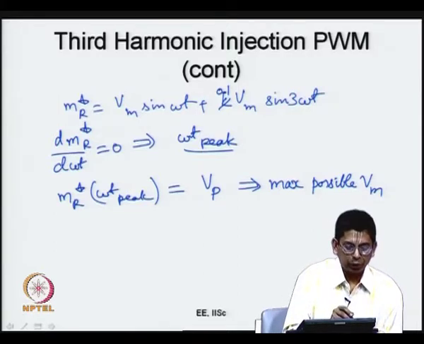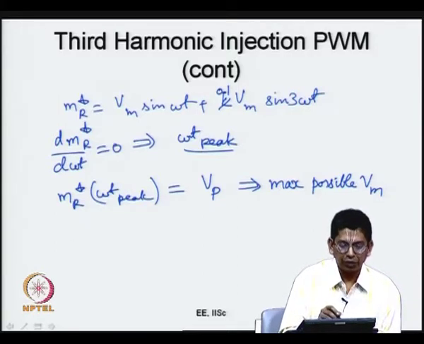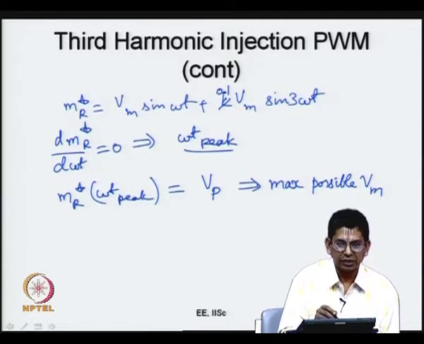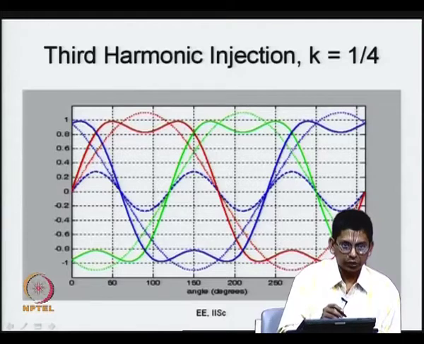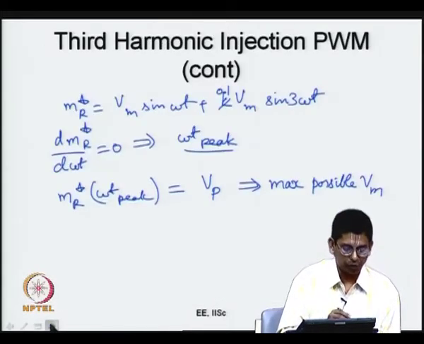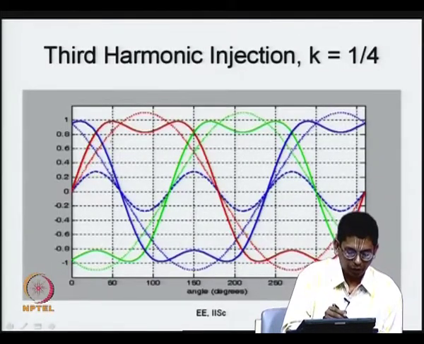What do I do? d by d omega t of mr star equal to 0. That would give me the omega t peak, the instant at which my function goes to a maximum value. That will happen twice in the positive half cycle, in the first quarter cycle and also in the next quarter cycle. So, I can find out this instant omega t peak.